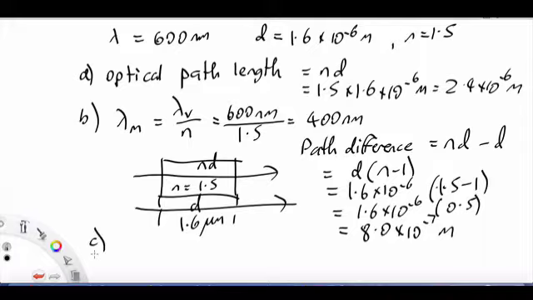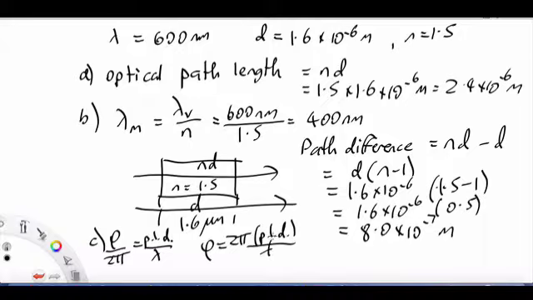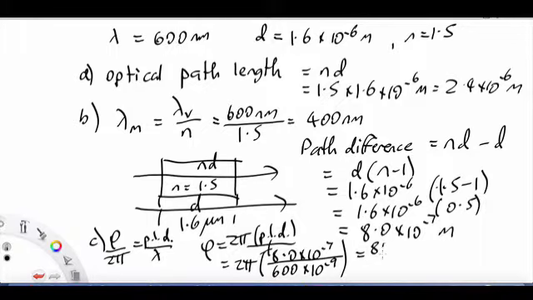Then finally we have a phase difference. Remember that the phase difference over 2 pi equals the path length difference over lambda. So we have phi equals 2 pi times path length difference over lambda, which is 2 pi times 8 by 10 to the minus 7 over 600 by 10 to the minus 9, and that is 8 pi over 3 radians.